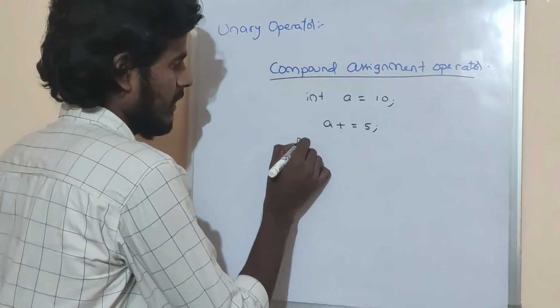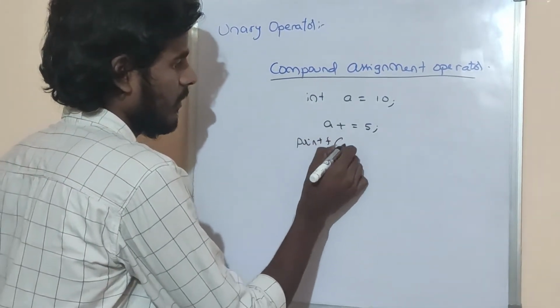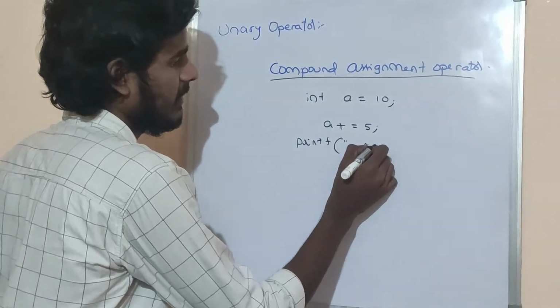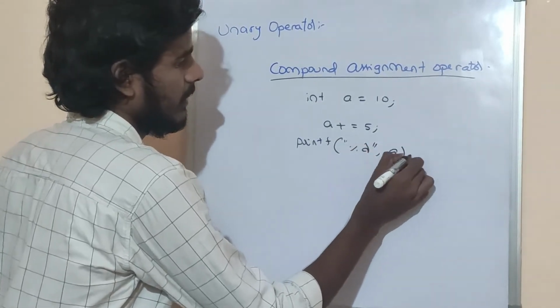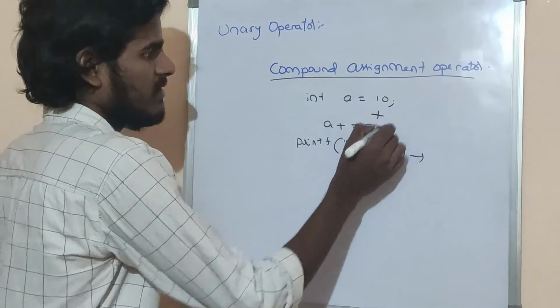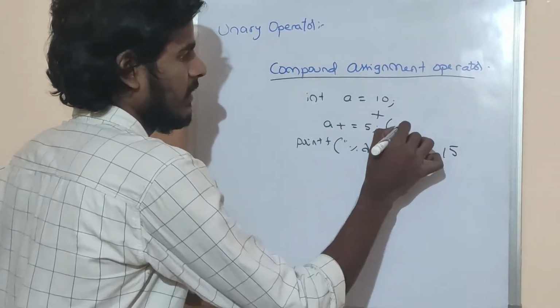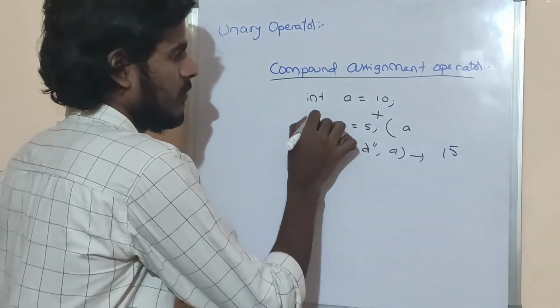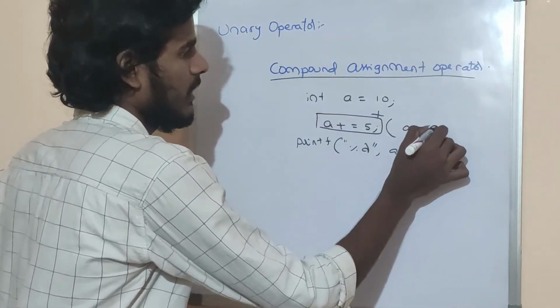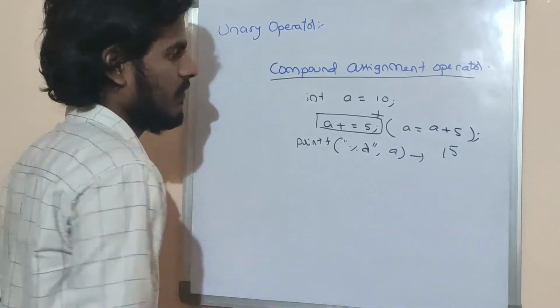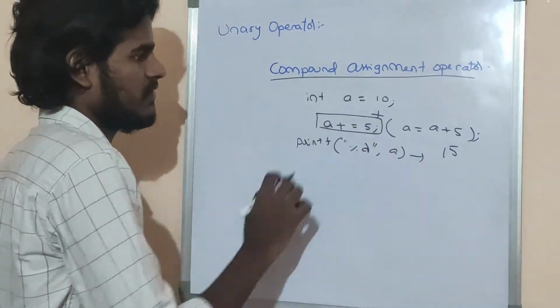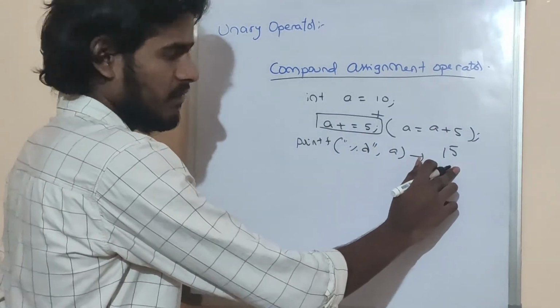The corresponding output %d a is 10 plus 5, so we get output 15. Internally this code is a is equal to a plus 5.